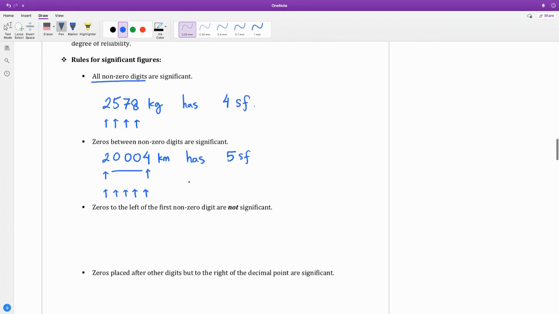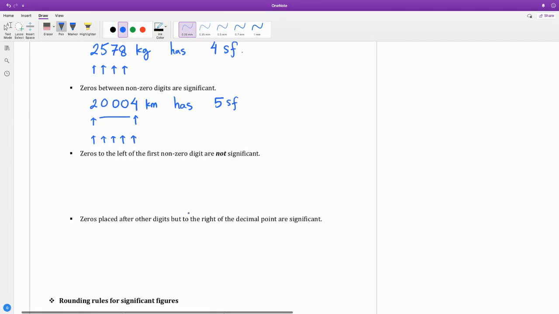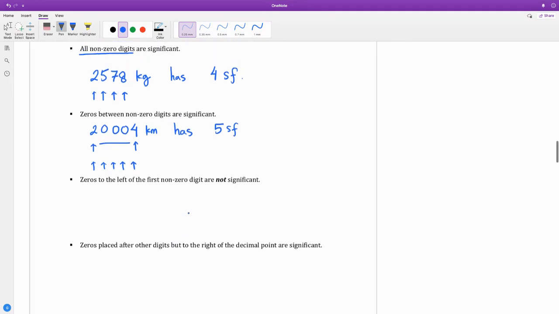The third one, zeros to the left of the first non-zero digit are not significant. Example, we have 0.023 gram.